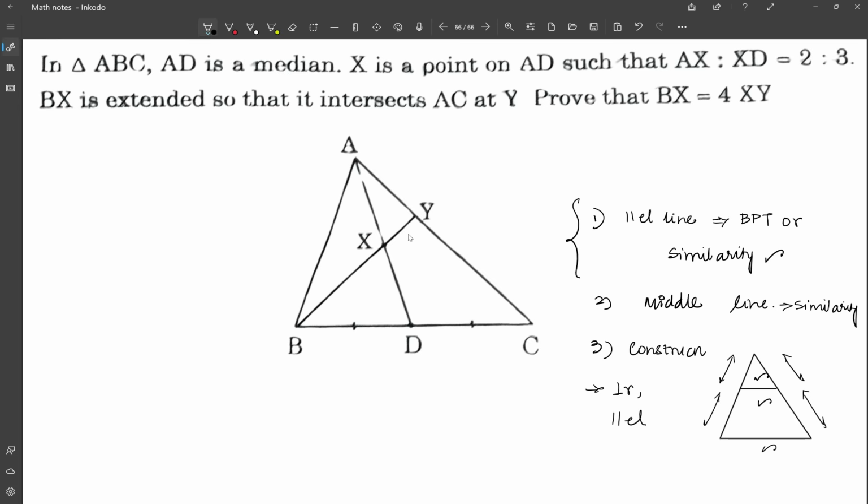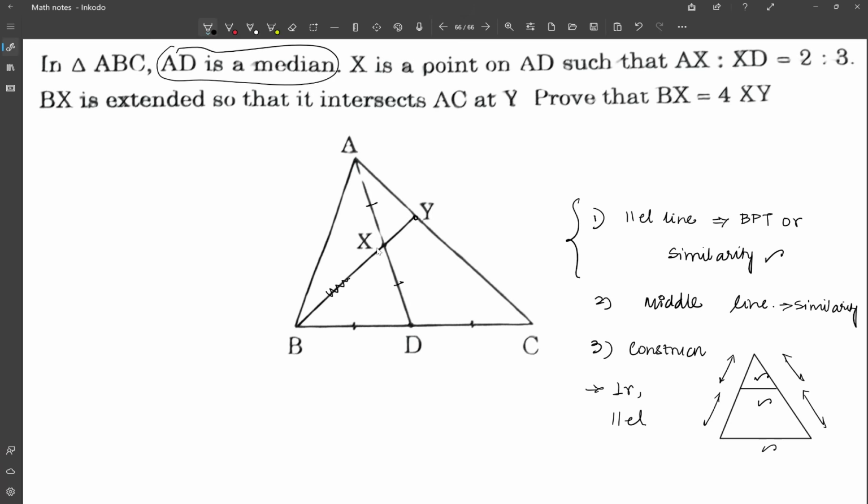AD is a median. This is important information. We have to make use of this. X is a point on AD such that the ratio of AX to XD is given. BX is extended so that it intersects AC at point Y. Prove that BX is equal to 4XY.